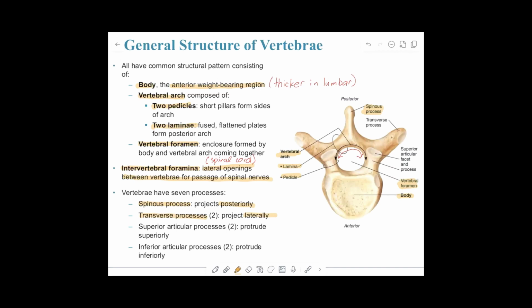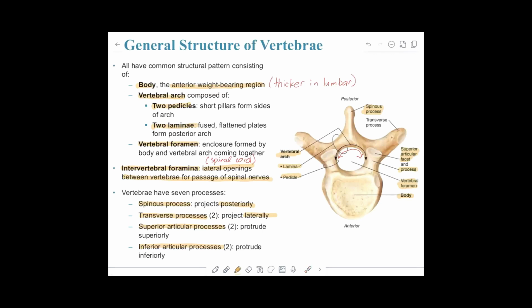And then there are what we call articular processes above and below the vertebra. So in this specific area, we have what's called a superior articular process. And on the surface of that is a facet. The same over here. This would be the superior articular process, and on this surface would be the facet.